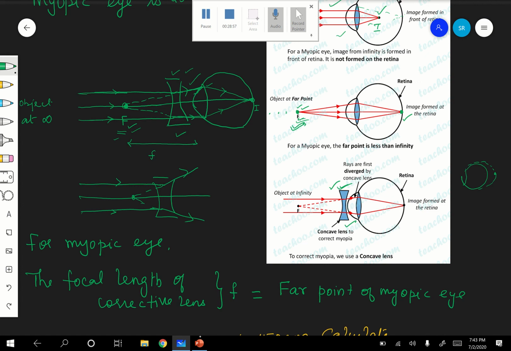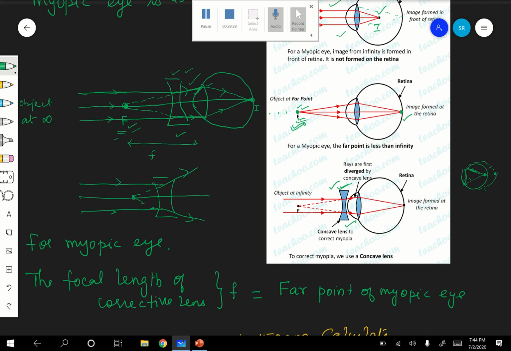So even if the rays converge here, the image is not at the retina, but it is in front of the retina. Why? Because there is an increase in the size of the eyeball. So the retina has gone behind its normal position. Are you following? So that is number one.